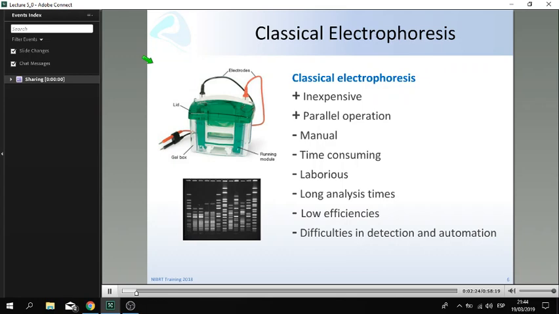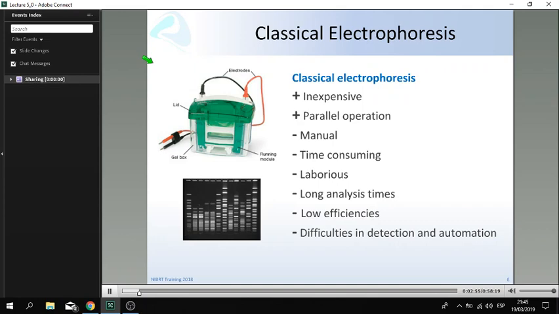But when it comes to disadvantages, there are a lot. It's quite a manual technique, as you will see when you come to NIBRT and do your practicals, if you haven't done SDS-PAGE before. Operators really need to do a lot, need to be there, need to set up. There's a lot of input from the operator, which can be really time consuming and laborious. It takes a long time until you get the final result.